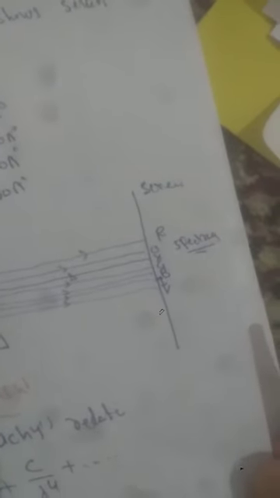Angular dispersion is defined as the difference in deviation. If I define angular dispersion, then I will try to explain it also. It is sometimes asked as a 2 marks question.